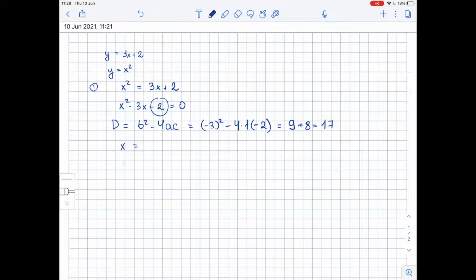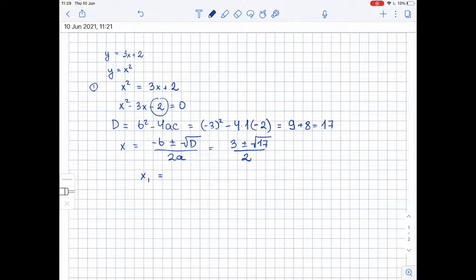Now let's find the roots. x is equal to negative b plus or minus the square root of the discriminant over 2a. Well, let's substitute the numbers. So negative b is 3, plus or minus the square root of 17, over 2. Now we'll just use a calculator to find these values.